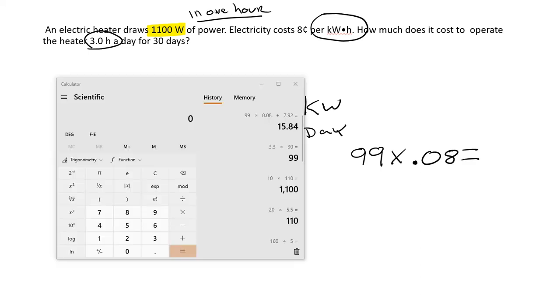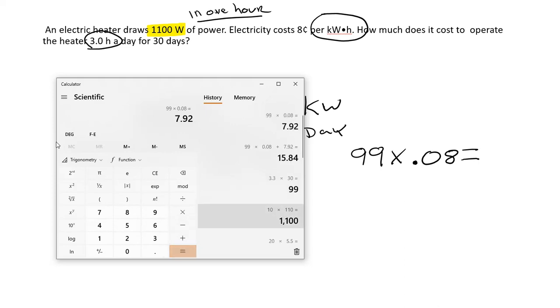All right. So what we're going to do is go 99 times 0.08. Because remember, don't forget, we have to do it in the decimal version. So 8 cents is 0.08.